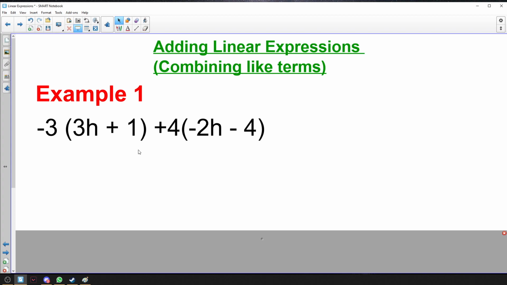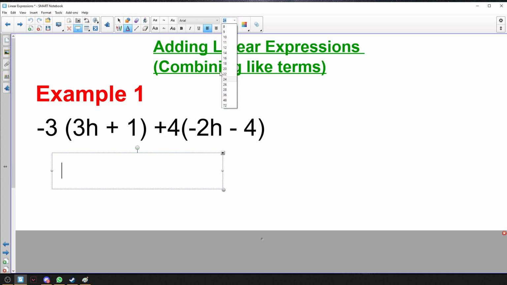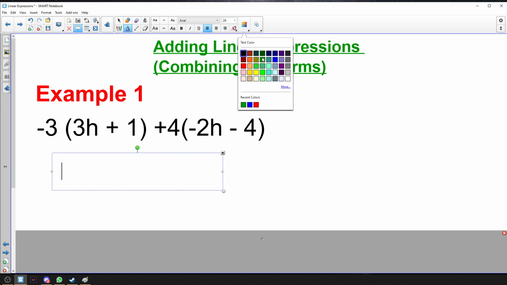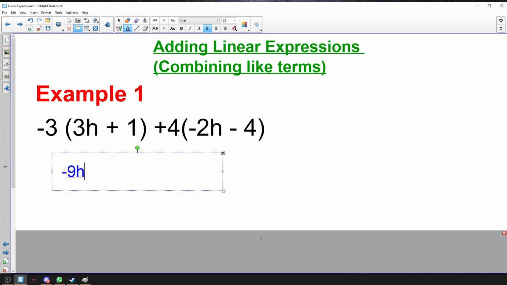So the first thing you want to do is the minus 3. If there's a bracket next to it, that means you need to multiply. So minus 3 times 3h will give me, I'll do blue, minus 9h.